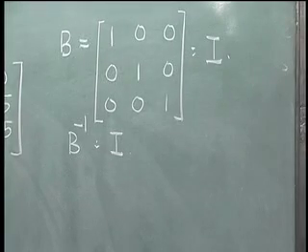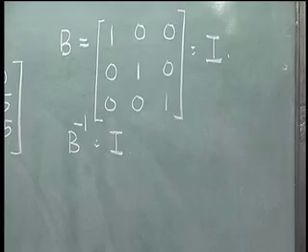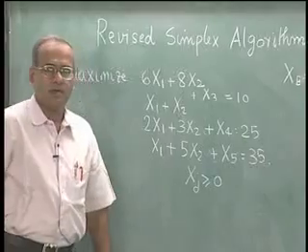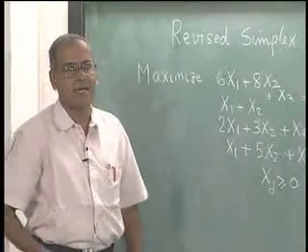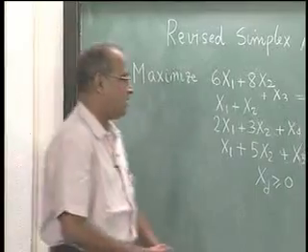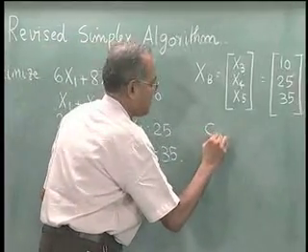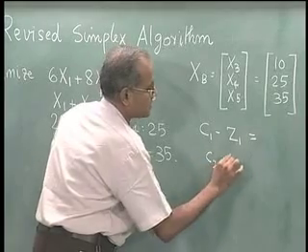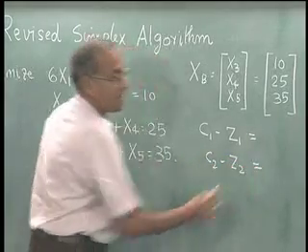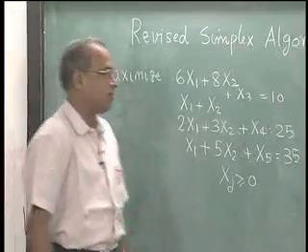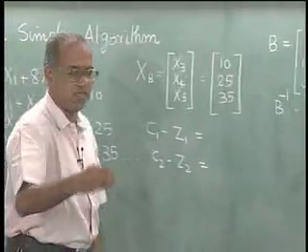Now, in order to check whether this present basis is optimal, we need to look at the 2 non-basic variables which are x1 and x2 and find out if any one of them can enter the basis. To do that, we have to find out C1 minus Z1 for variable x1 and C2 minus Z2 for variable x2. Now, Cj minus Zj is equal to Cj minus Ypj.